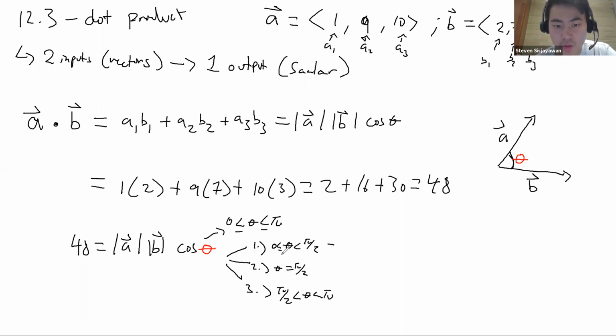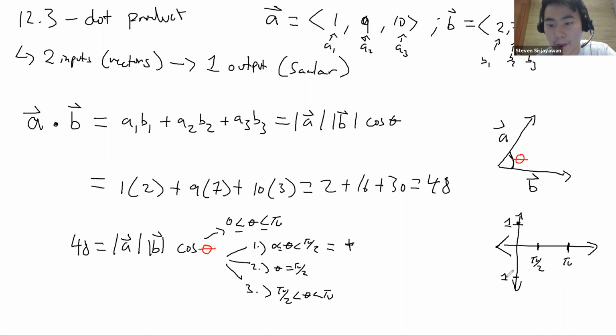When you have the cosine of an angle between 0 and pi over 2, that results in a positive value. If you refer back to the graph of cosine, that's how I look at it. I normally refer back to the graphs of trig functions.